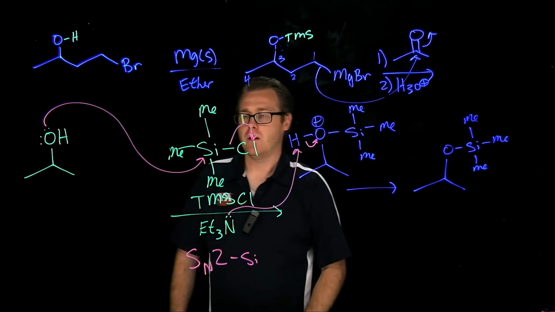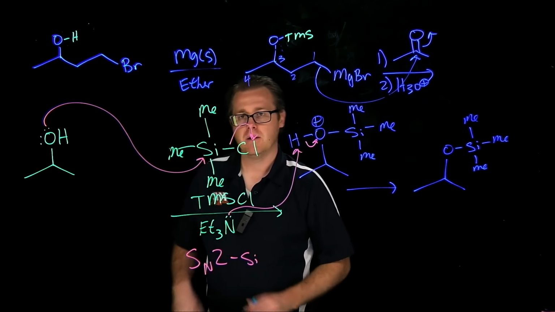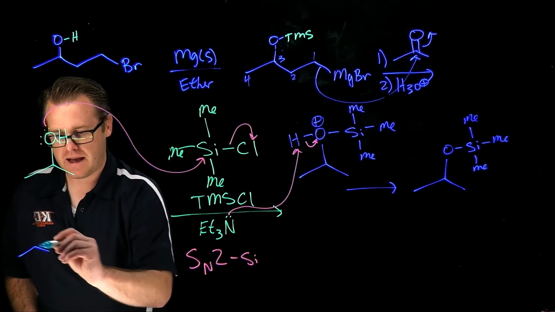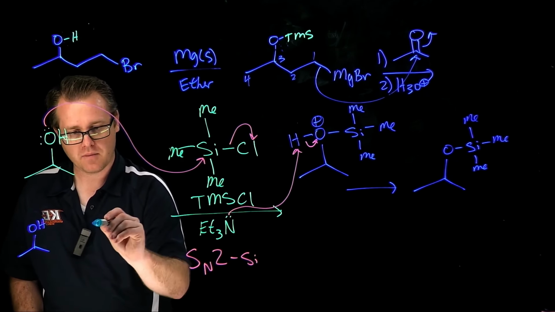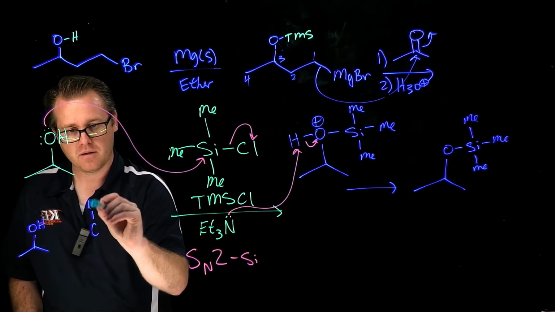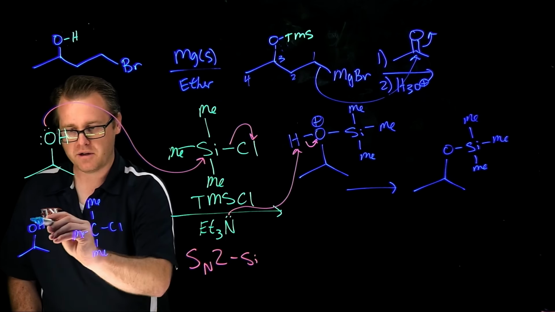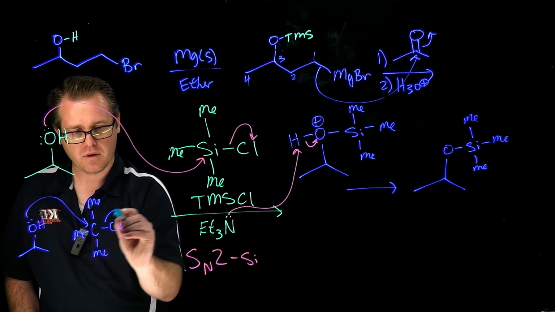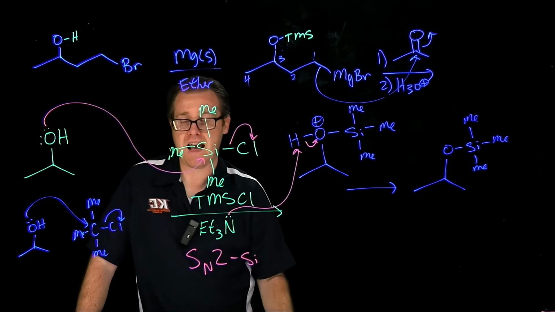Now, why should you be freaking out about this mechanism? Because what if I tried to do that with carbon? What if I try to do that? Most, if not all of you, would say, that can't happen. Why?